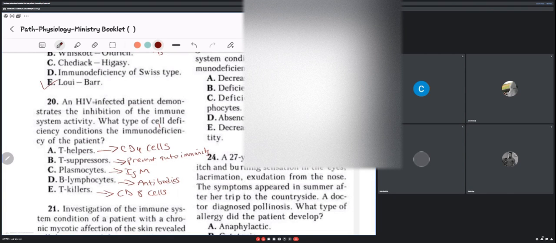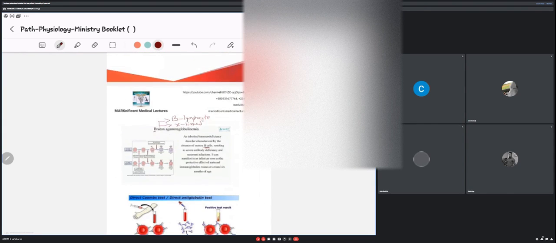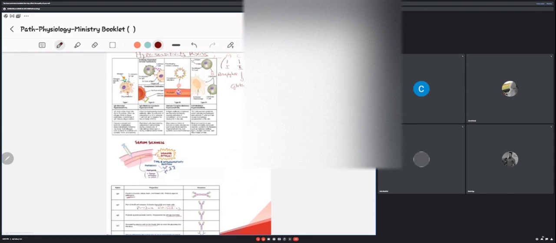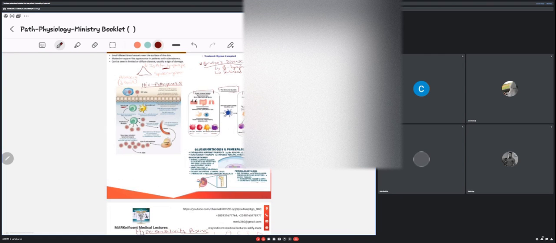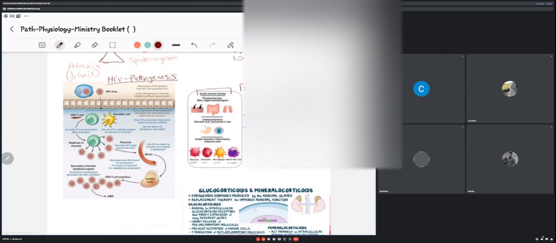Now, in this question, I said I was going to go back to that picture, this HIV infection. That was why I underlined CD4 here. Even if you're not trying to memorize this whole picture, remember that CD4 cells are the ones involved when it comes to HIV infection. This is a whole pathway. Like I said, I don't take so much time trying to explain this pathway, but it's self-explanatory when you go through it.